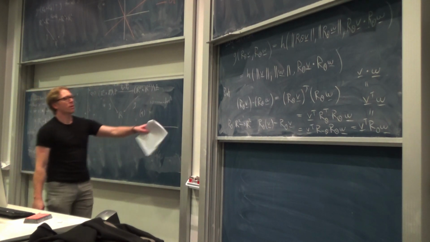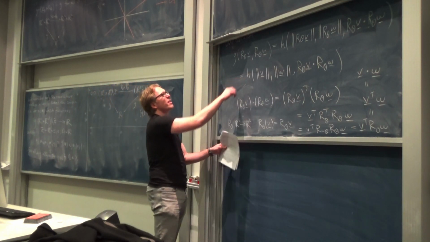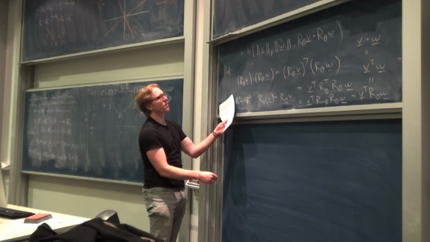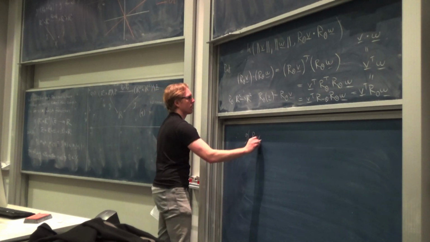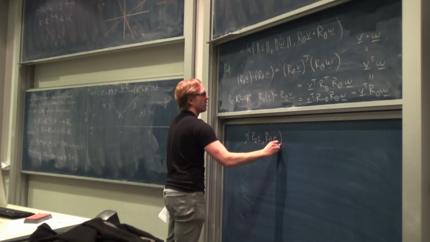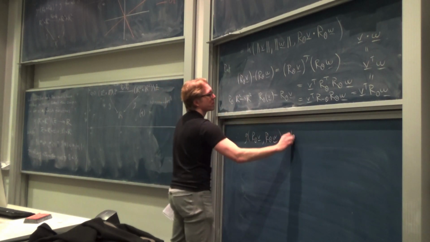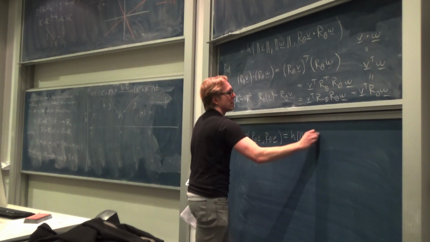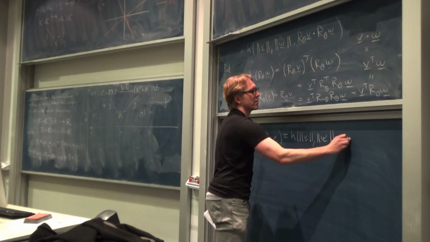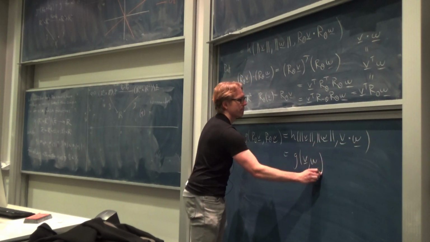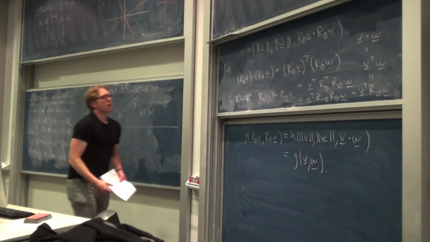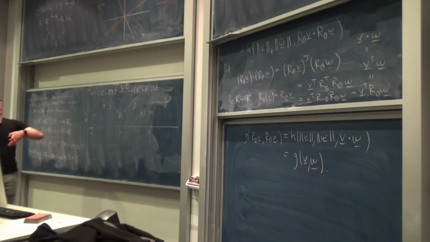So that shows that this guy here is equal to h of the length of V, the length of W, and then the dot product, but that's just g of V, W. Okay, so that direction has been proved.